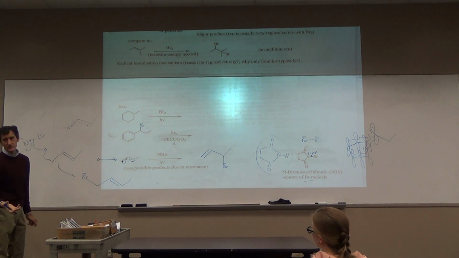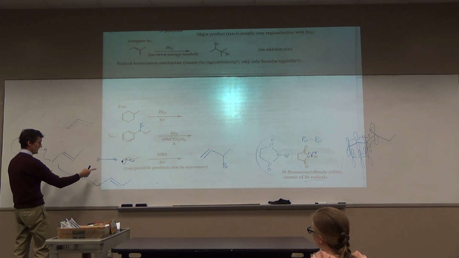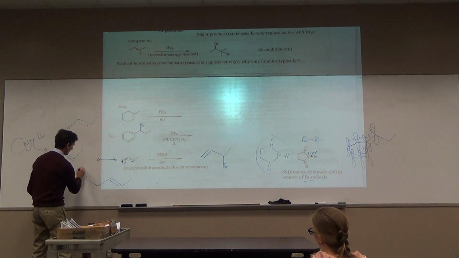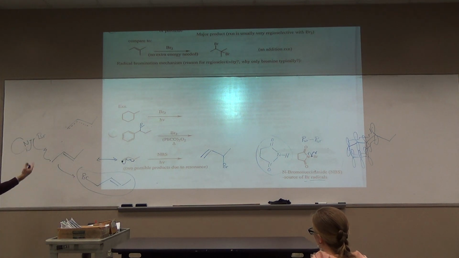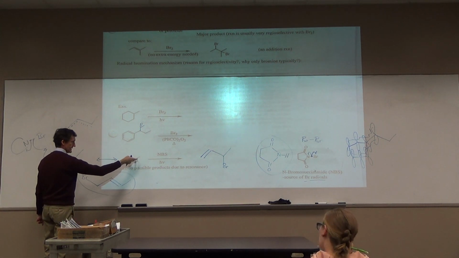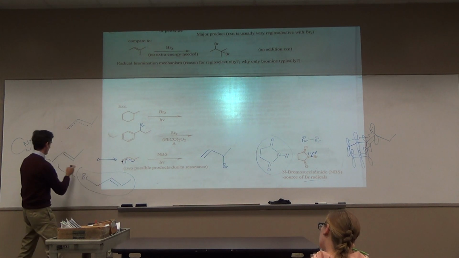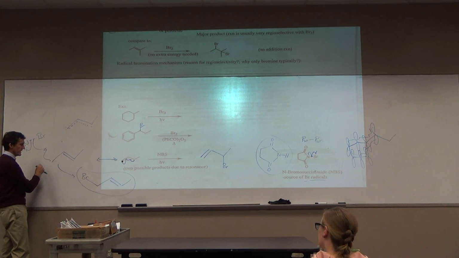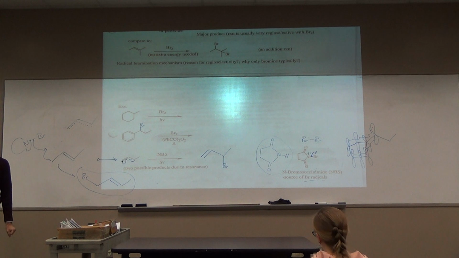Okay, it's easy to work with resonance structures. All right? Either one's possible. This is your other possible product coming from resonance, or considering resonance of the allylic radical to show the other allylic radical is conjugated. Resonance there.